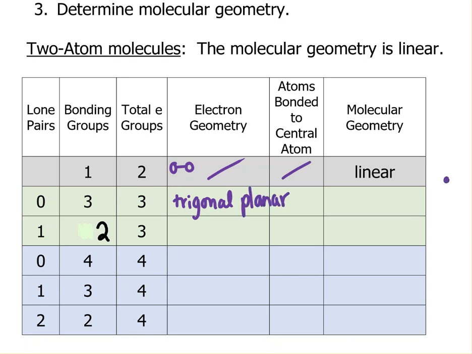That's when you have a central atom and then like that coming out. And then if you have one bonded to 3 atoms, the molecular geometry will also be trigonal planar. If I have just 2 bonding groups, that means there will be 2 atoms bonded.